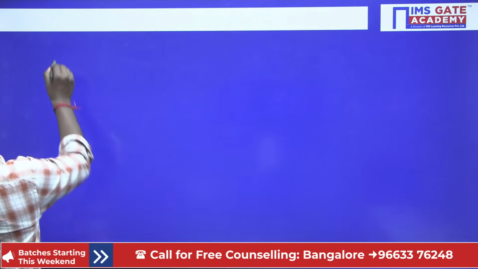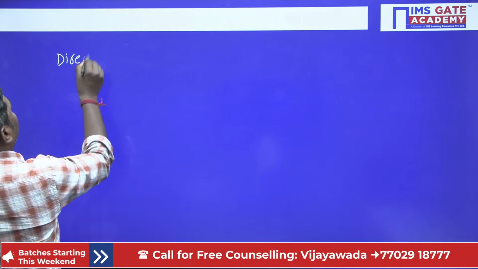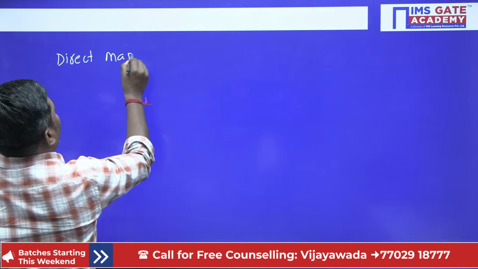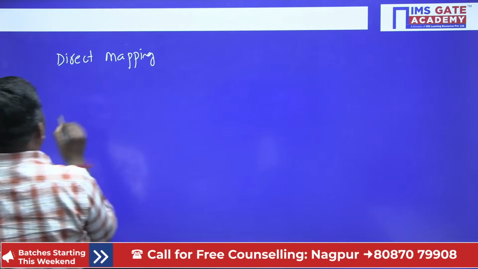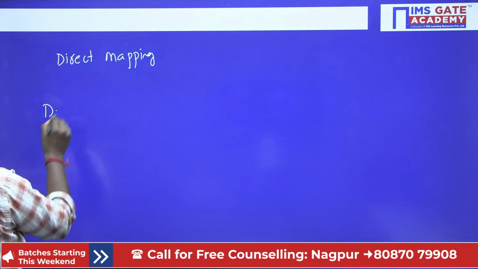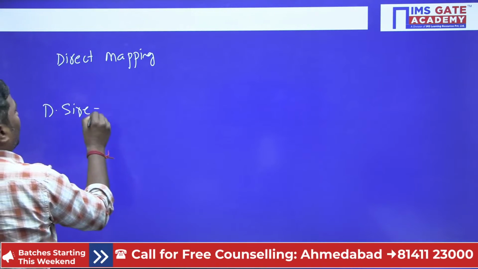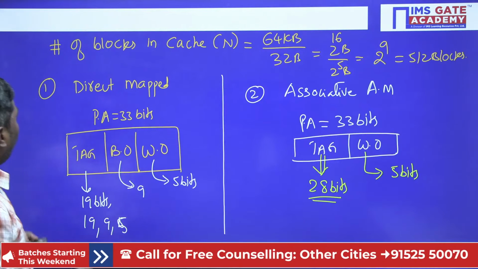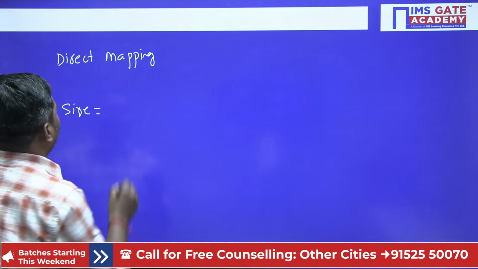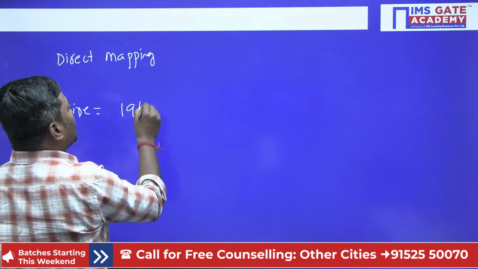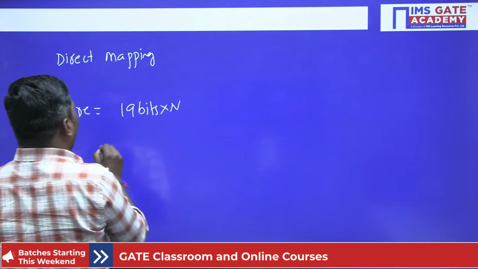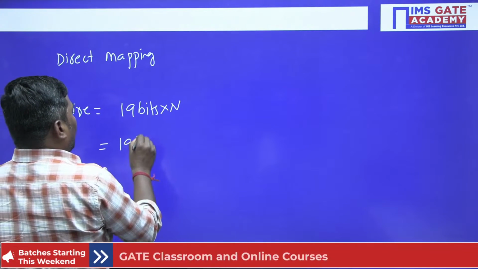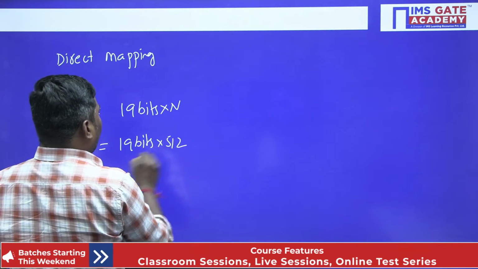Look at direct mapping: for directory size, how many tag bits did we get? 19 bits for each block. How many blocks are there? 19 bits into 512. You multiply, and you will get this answer.